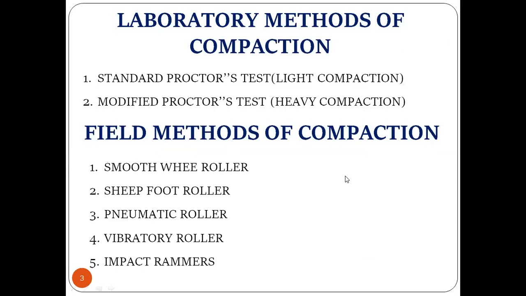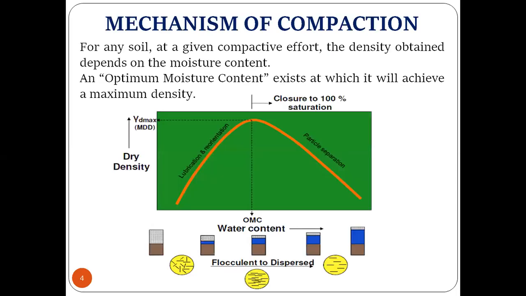Next is the field method of compaction, which has five or maybe more types: smooth wheel roller, sheep foot roller, pneumatic roller, vibratory roller, and compact rammers. These are some of the methods we use for the compaction process in the laboratory as well as in the field.